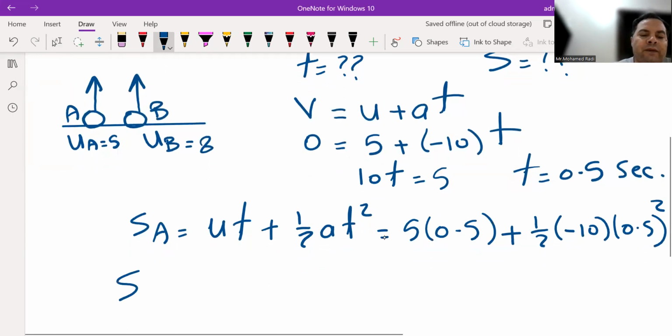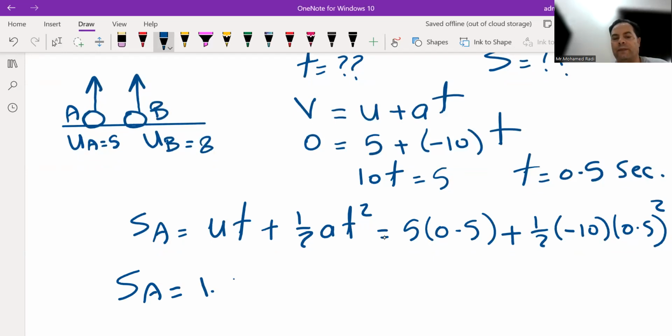By calculating, 5 multiplied by 0.5 plus 0.5 times -10 times 0.5 squared, so SA is 1.25 meters.